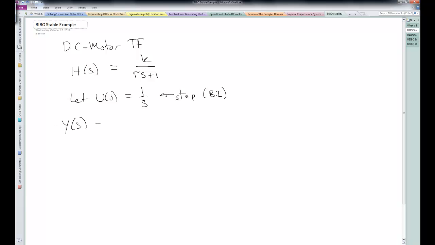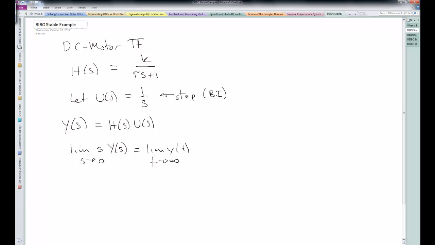Well, Y(s), recall, is just H(s) times U(s). So if we look at the limit of s times Y(s) as s goes to 0, that will equal the limit of y(t) as t goes to infinity.